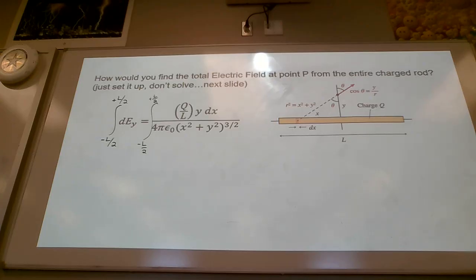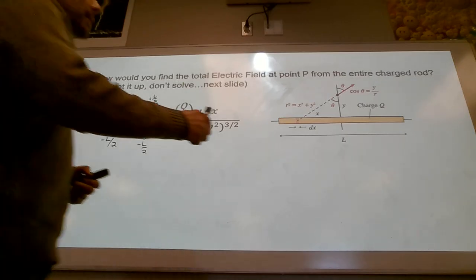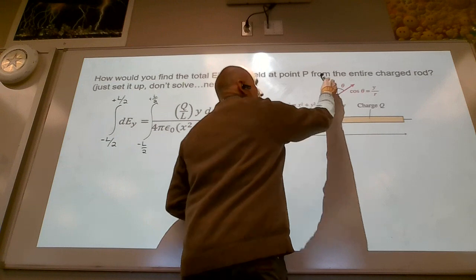Oh, no. Would not be advised. This is a vector. Direction matters. If we were doing a scalar, that would be valid, because all you're going to get is electric fields that are going this way.